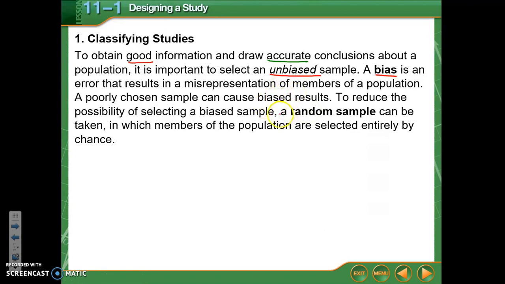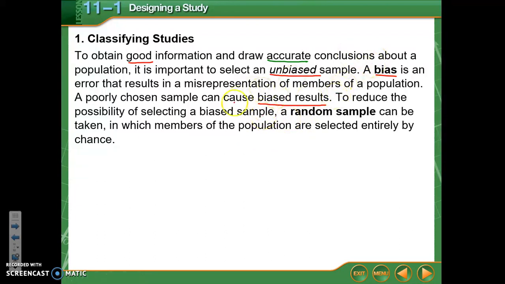For example, if I want to know how the people in Bogota feel about movies, and I only interview the people that walk out of a Marvel movie and ask them what their favorite kind of movie is, I have a biased sample because I've already chosen a group of people that is coming specifically out of an action movie. So if I choose my sample poorly, my results will not be accurate, and I won't be able to use them to make inferences or to make predictions.